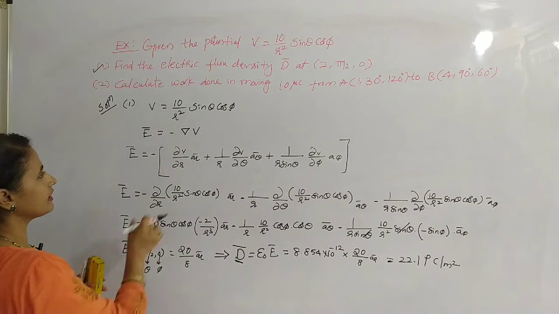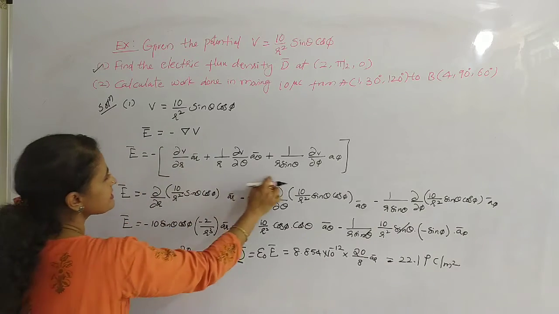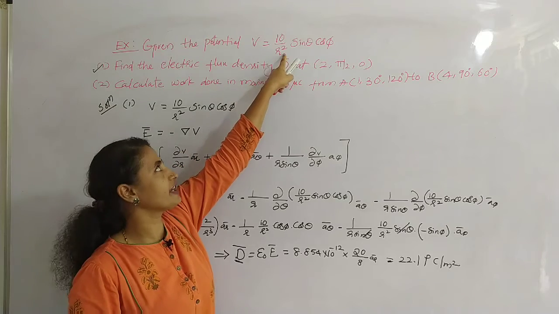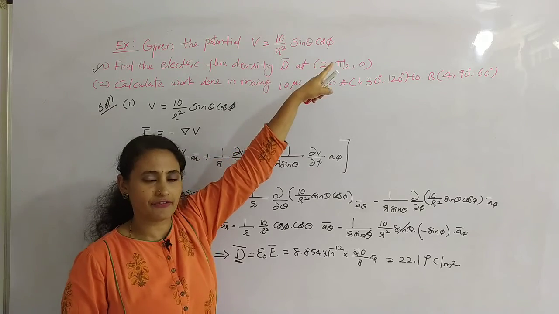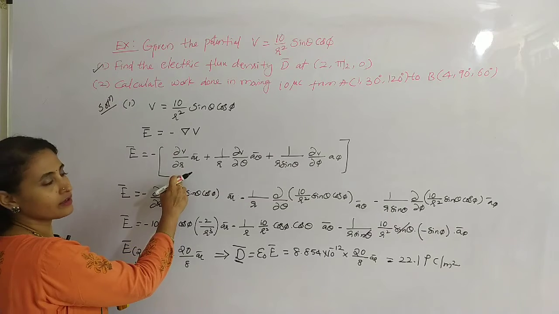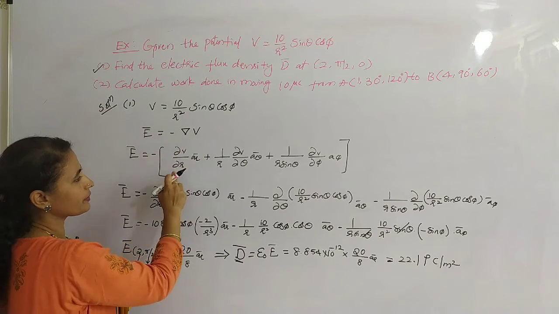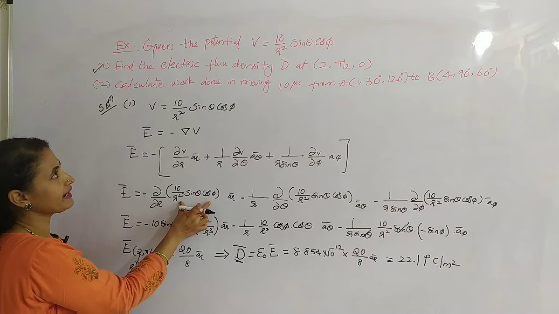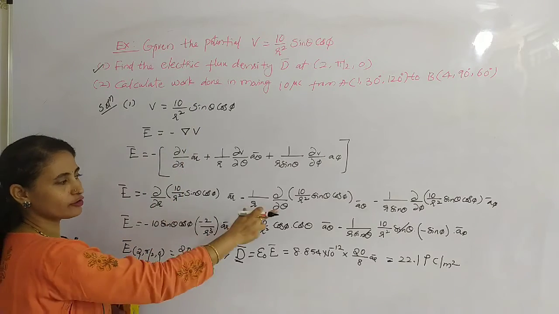We wrote the del operator in a spherical coordinate system, as the coordinates of V are given by r, theta and phi, which is a spherical coordinate system. We just wrote the del, and it is a gradient operator we just applied, and in the place of V we replaced the given V value.